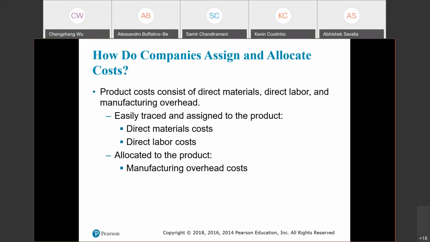So, in this chapter, we will look at 3 different ways that business can allocate indirect costs. They are plant-wide rate, multiple department rate, and activity-based costing.